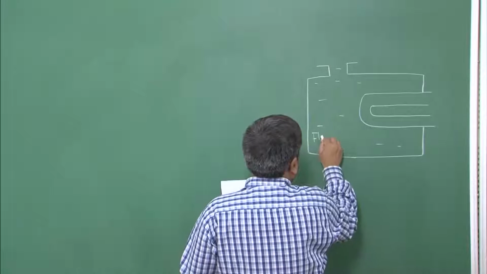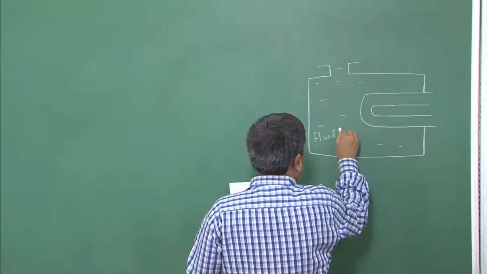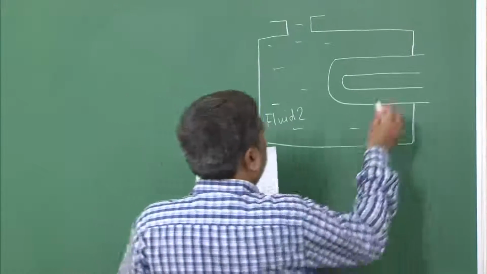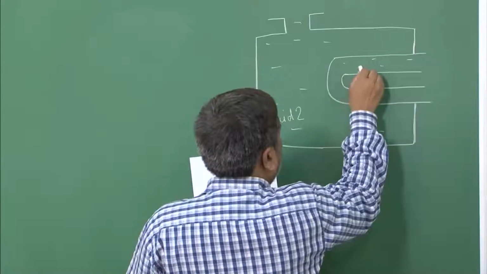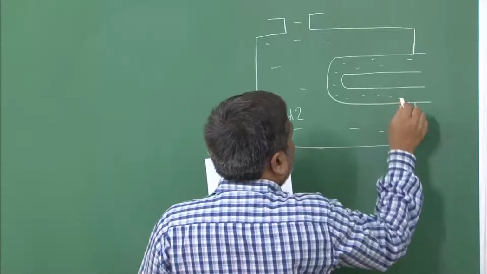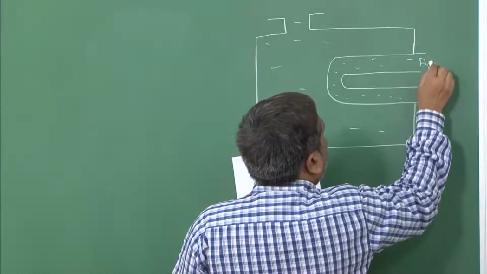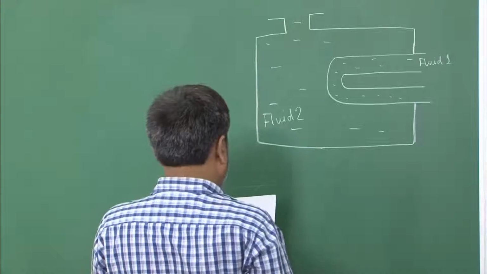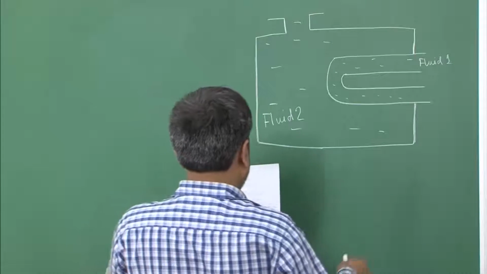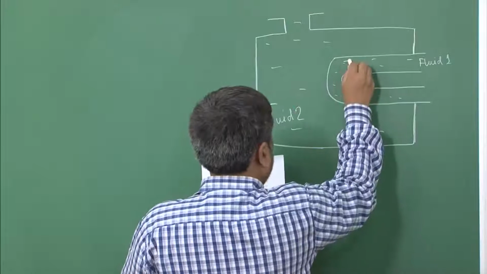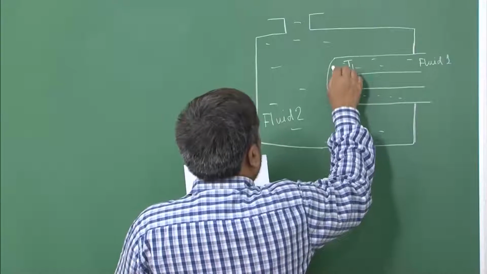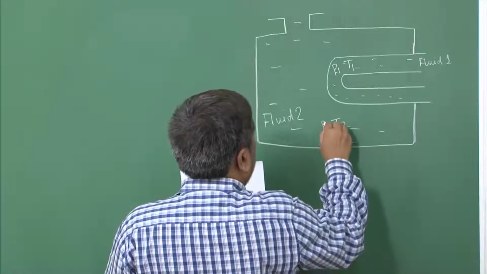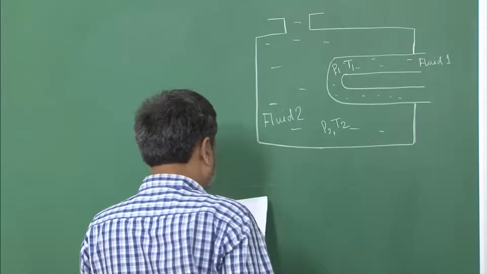This is fluid 2, and we have fluid 1 inside. Here the temperature is T1 and the pressure is P1, and here the temperature is T2 and the pressure is P2.